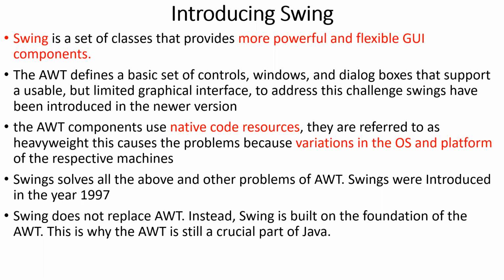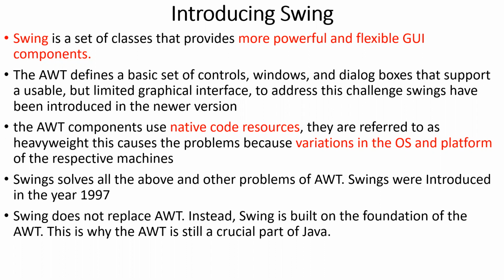Just to go through the third point there, the AWT components use native core resources. This is very important with respect to AWT. This makes AWT work with constraints because of these native core resources. If AWT is going to use native core resources like processors, memory, and the configuration of the system, the performance and execution of AWT will depend on that computer.